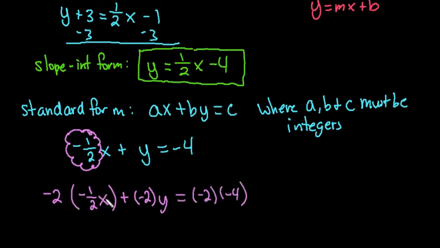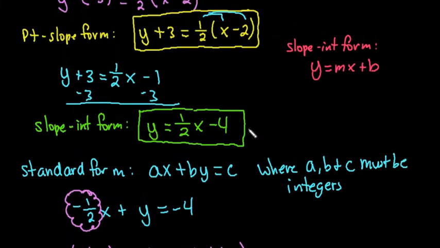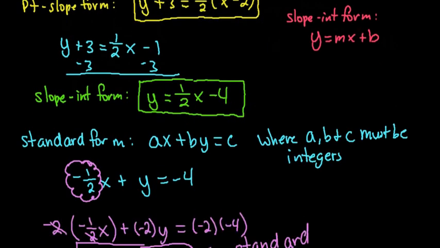If we simplify this and put it in standard form, this would cancel out and we would be left with x plus -2y, which is better to write as x minus 2y equals 8. So if it asked for standard form, you would proceed to this step. If it asked for slope-intercept form, you would stop here. If it asks for point-slope form, you would stop here.